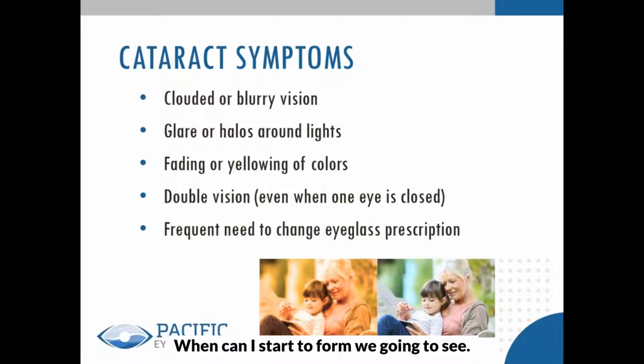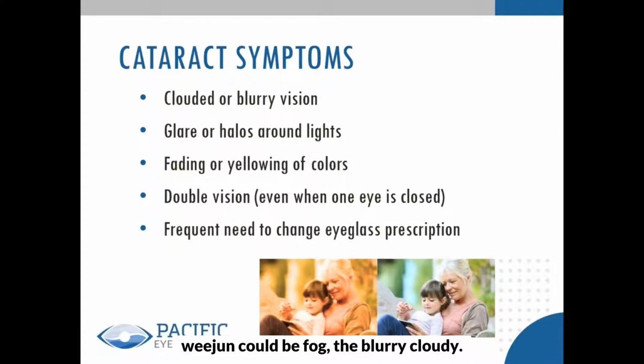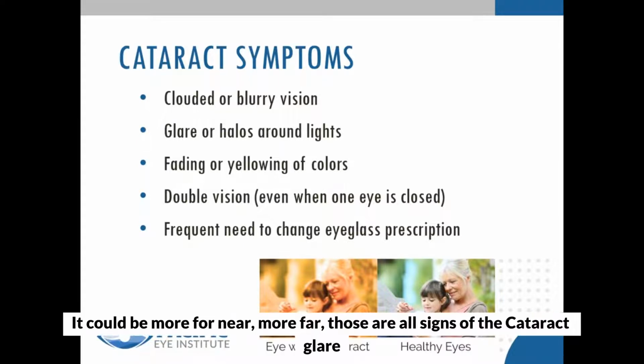When cataracts start to form, we see more of a brownish, yellowish color, so having different color perception is actually one of the early signs of cataract. But anyway, vision could be foggy, blurry, cloudy. It could be more for near, more for far. Those are all signs of cataract.